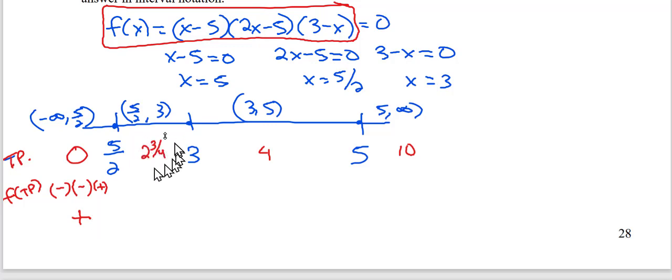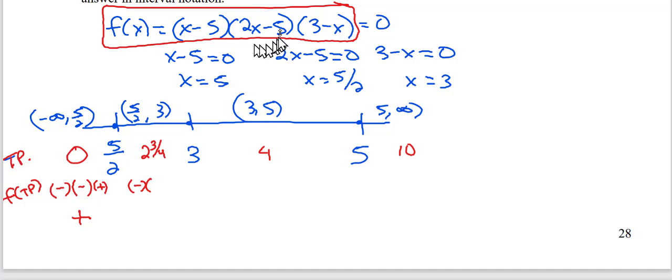Let's do the same thing with the 2 3/4. This technique of not really caring what the number is is particularly helpful in a situation like this where we have a yucky number. When you plug 2 3/4 into that first factor, you get a negative.